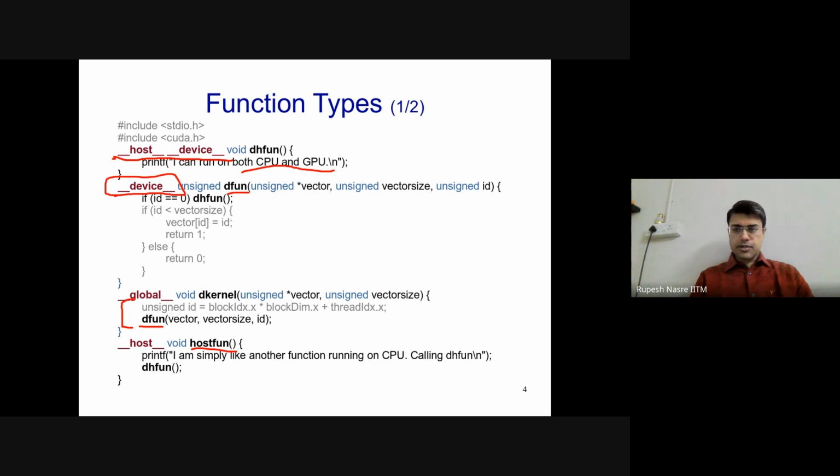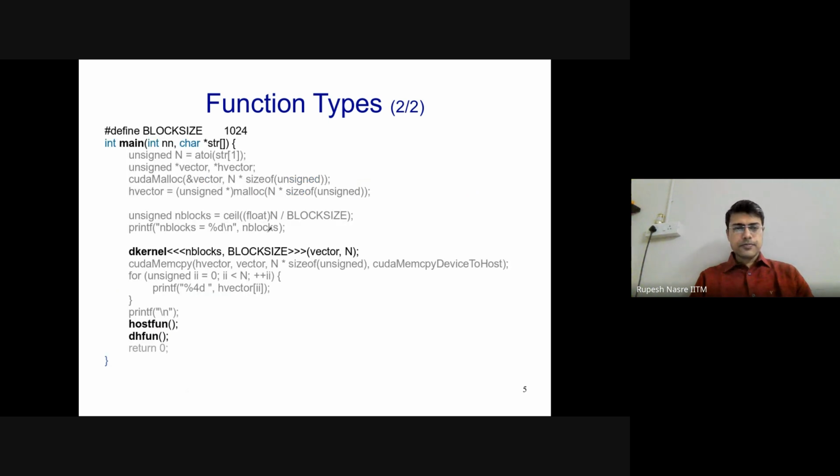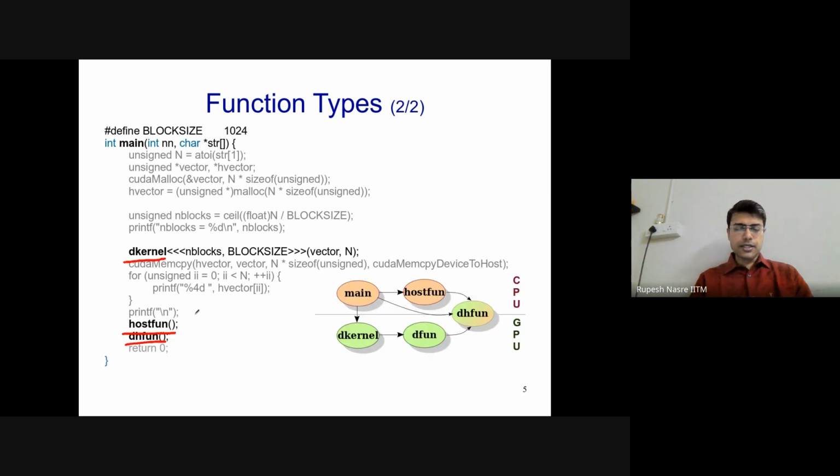Okay, that sounds fine. The overall program is split across two slides. Our main can call dkernel, and main can call the host function, and main can call the device host function also. If I want to show it pictorially, it looks like this. There is main. The upper part is CPU, the lower part is GPU.